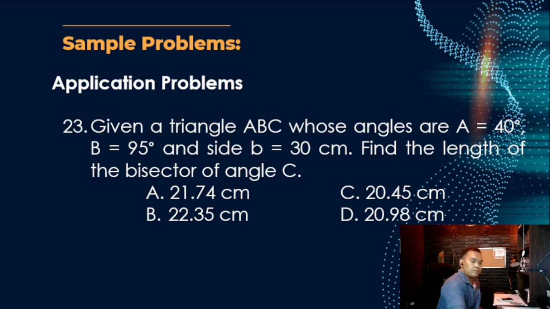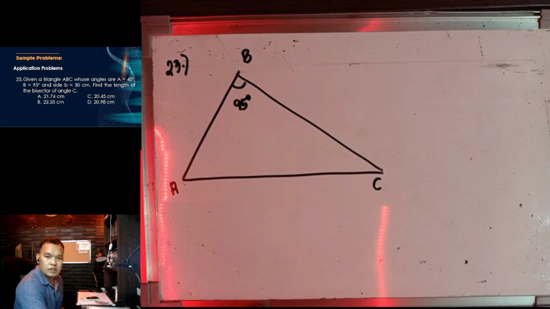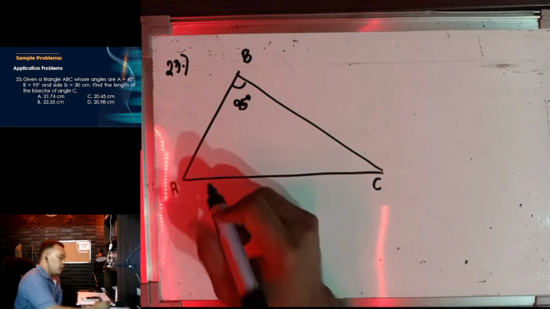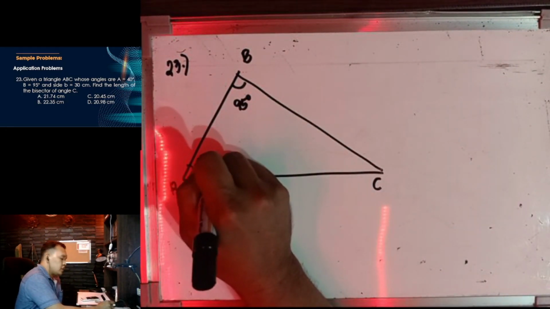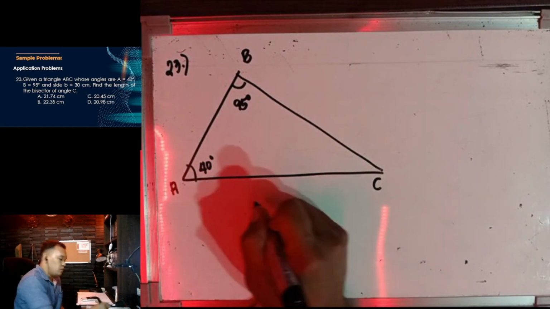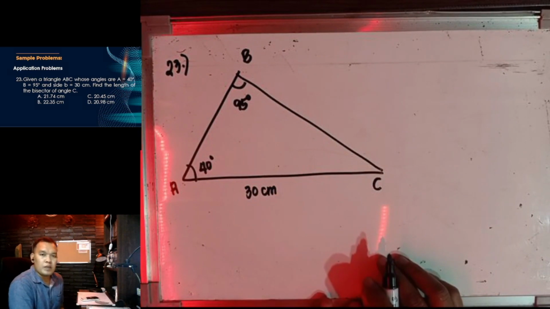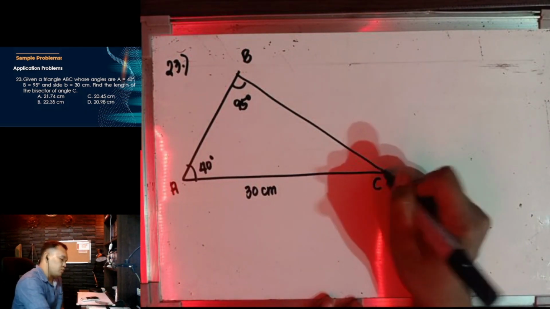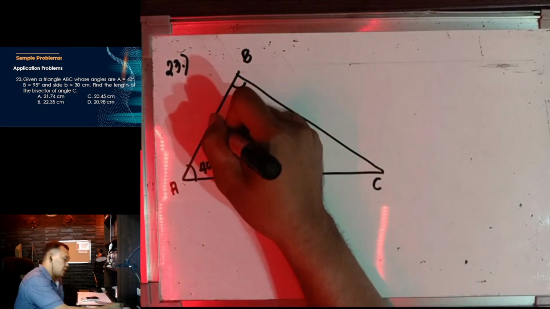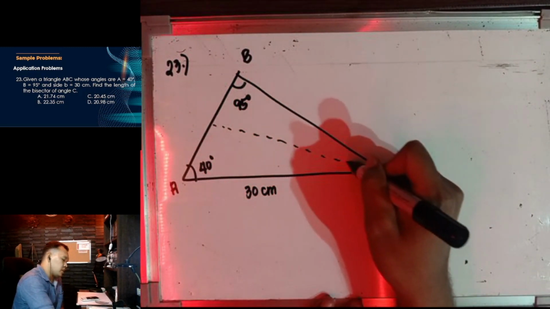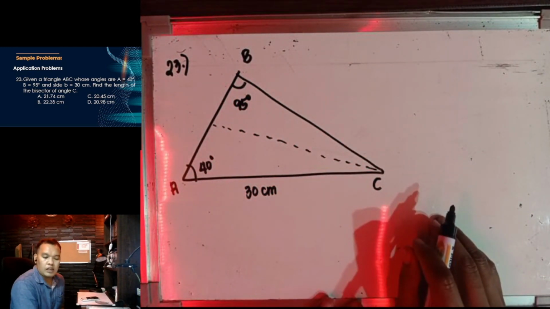Angle A is equivalent to 40 degrees, and side B is equivalent to 30 centimeters. So, what we are asked to find is the length of the bisector of angle C. Okay? So, we are asked to find this length that will bisect our angle C.